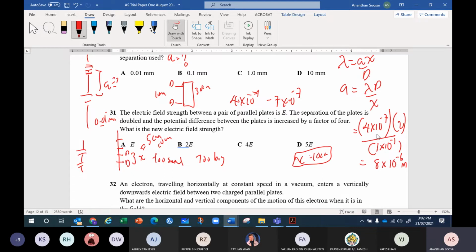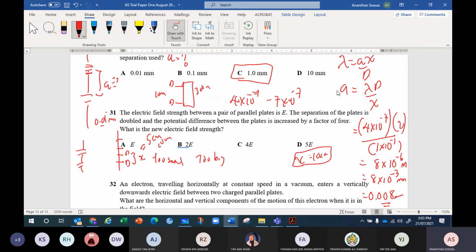So a is 8 times 10 power negative 6 meter. In millimeter, that will be 8 times 10 power of negative 3 millimeter, like 0.008 millimeter. Oh, it's quite small. The answer given is C, 1 mm.